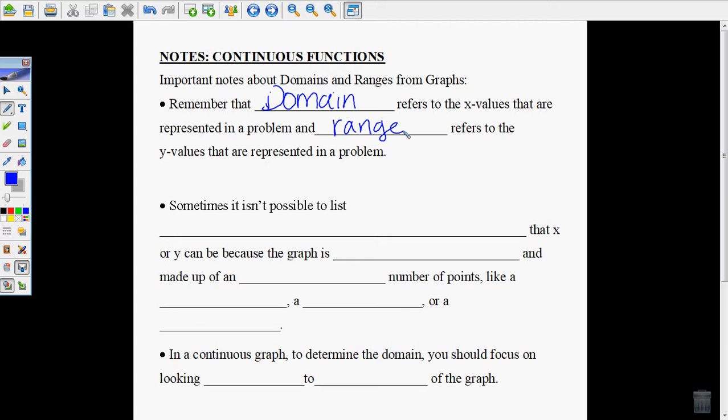Sometimes it isn't possible to list all values that x or y can be, because the graph is, what do you call something that goes on forever? Infinite, but if I'm touching it and I have no breaks in it, it starts with a C. It's continuous.